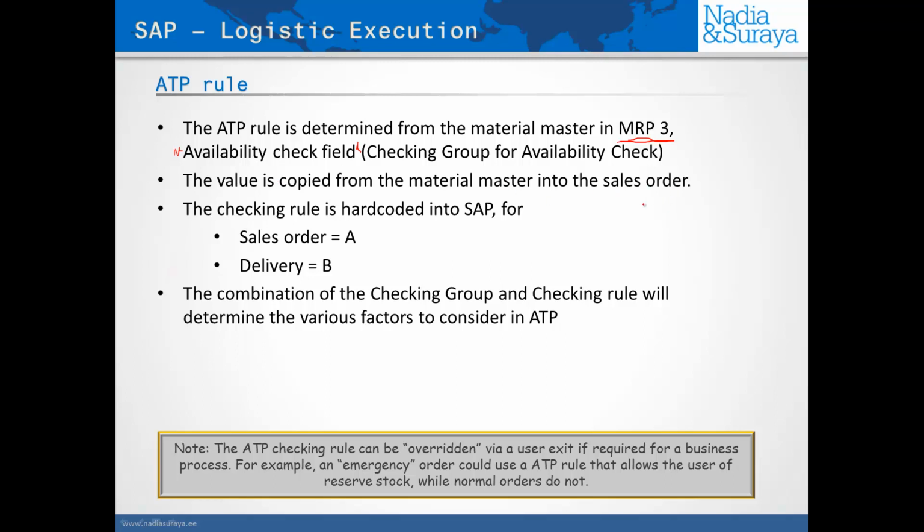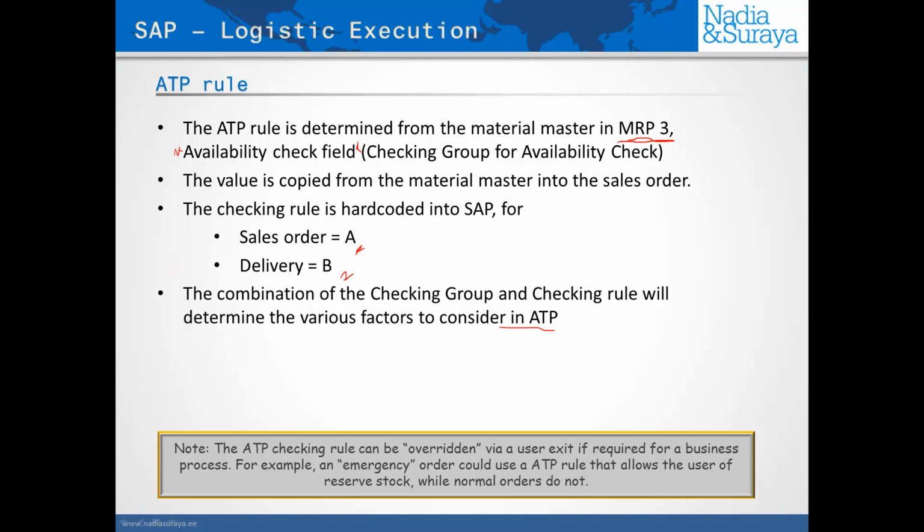There's a checking rule which is hard coded in SAP, and for sales orders the checking rule is A and for delivery it is B. So the combination of the checking group, which is on the material master, and the checking rule will determine the various factors to consider when looking at ATP quantities.